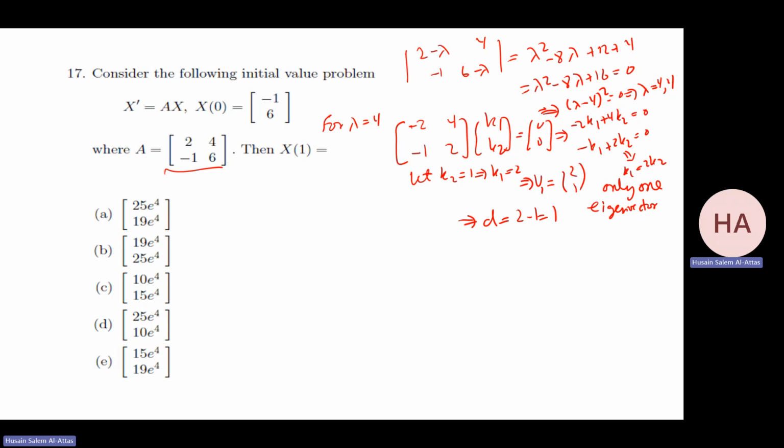So now I'll do the other way. I will find (A minus lambda I) squared first. That will be 0, 0. We'll check it. What was this? It is (minus 2, 4, minus 1, 2) times itself.